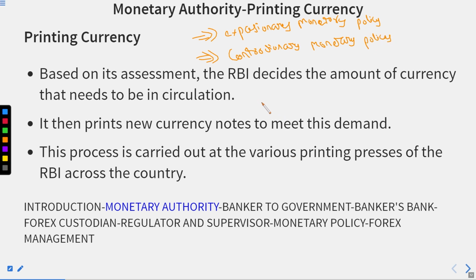It depends upon the assessment the RBI has undertaken. On the basis of this, they decide the amount of currency, and then this currency is printed in the various presses maintained and run by the RBI across the country.